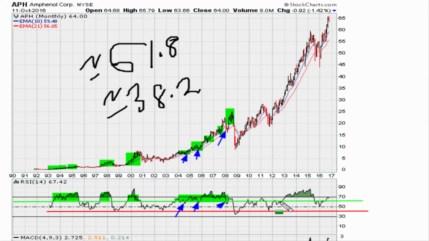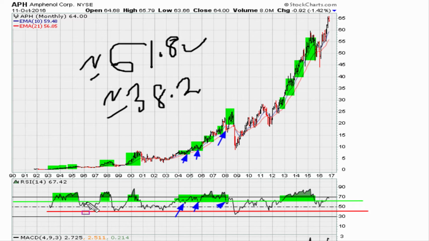Now let's take a look at the most recent successful move here in 2000 to 2015. During this period, you can see the RSI held above 61.8. So clearly, when a stock can maintain above 61.8 on the monthly RSI, good things tend to happen.